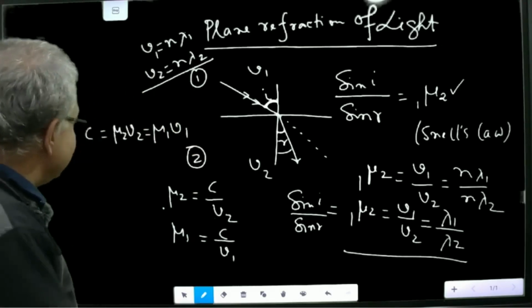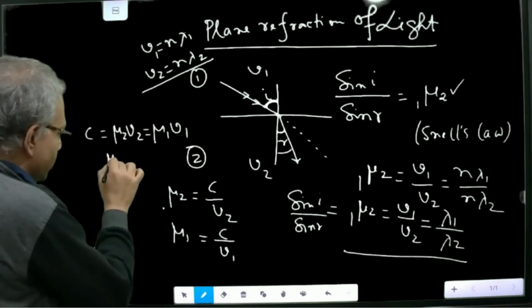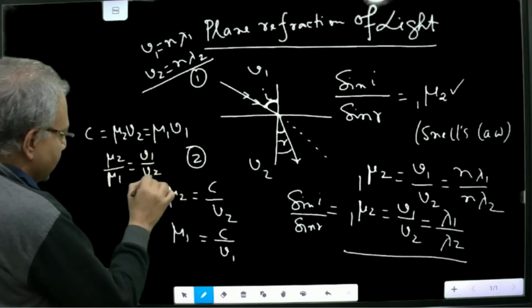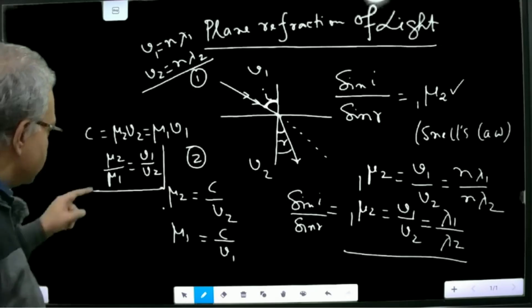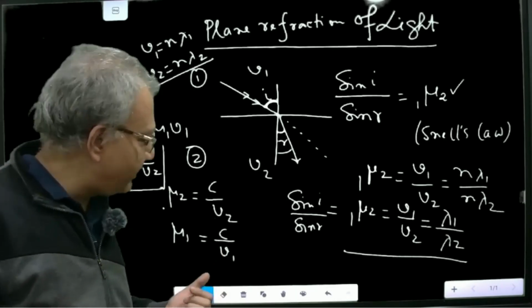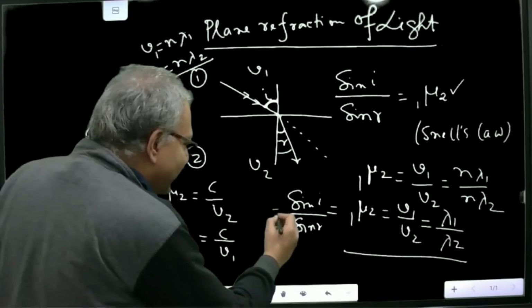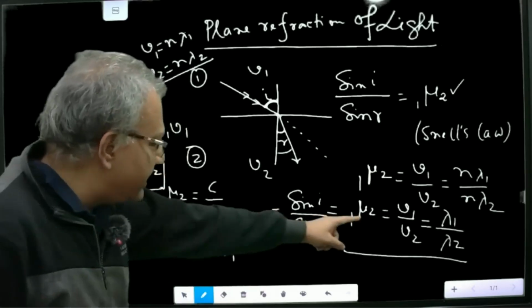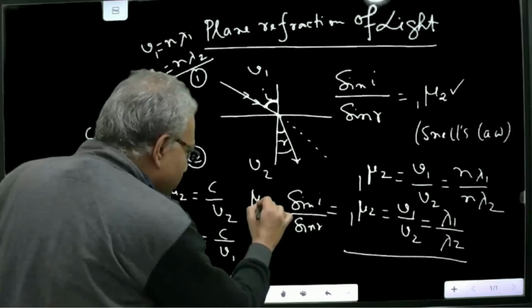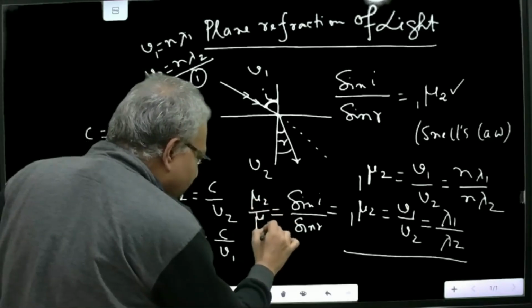So now you can see, children, mu2 divided by mu1 is equal to V1 divided by V2. Can I write that? Definitely we can write it, so ultimately we write mu2 divided by mu1.